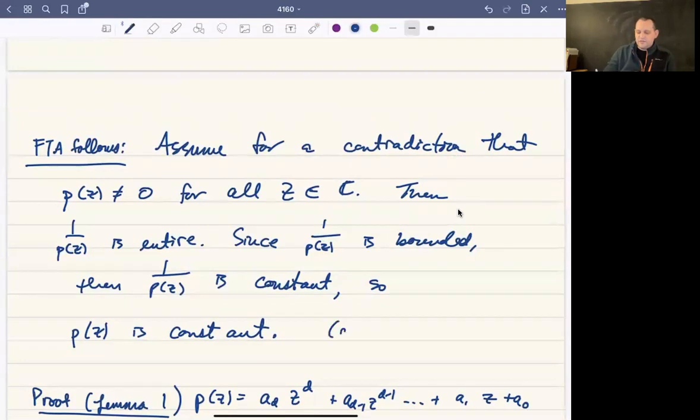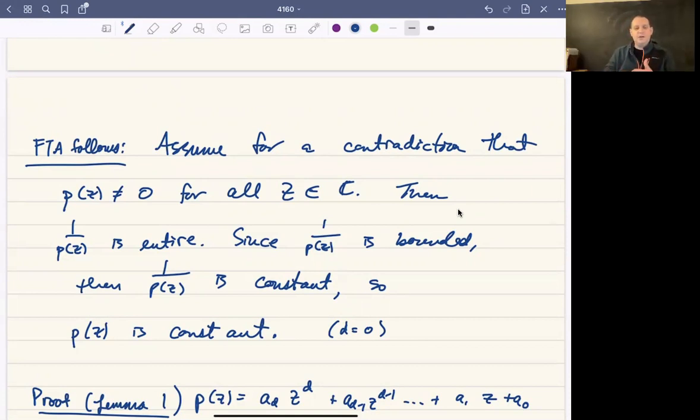To be constant forces this to be a polynomial of degree 0, and that was impossible, right? We assumed that d was greater than or equal to 1. So what this tells us is that our assumption that p of z was not equal to 0 must be wrong, and therefore p of z must be equal to 0 somewhere. It must have at least one root, and then from there everything else follows.